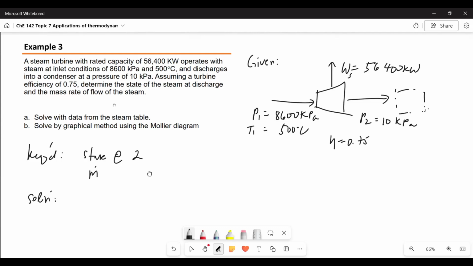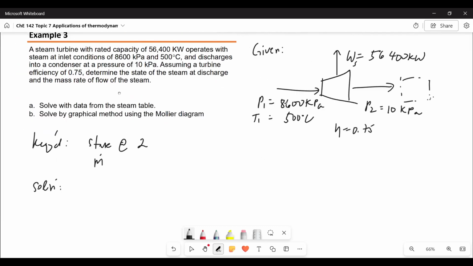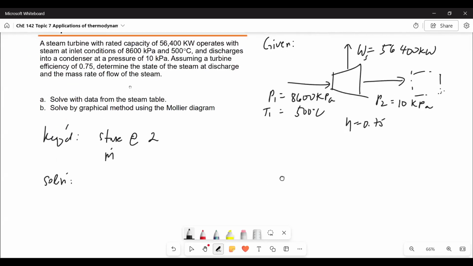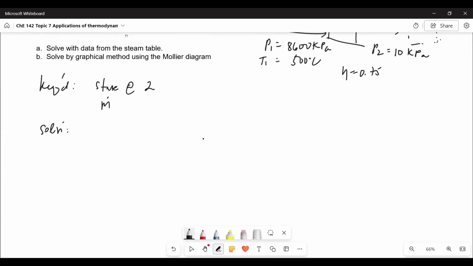Okay, the first question. What is the state at the inlet? Even without guessing, you see the pressure, the temperature is very high. And when you check the steam table, you will see that this is a superheated steam. So with that, write the enthalpy and entropy. You will see later why entropy is useful.